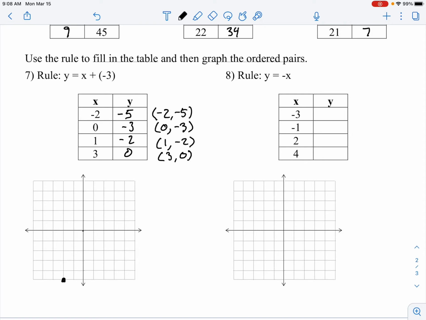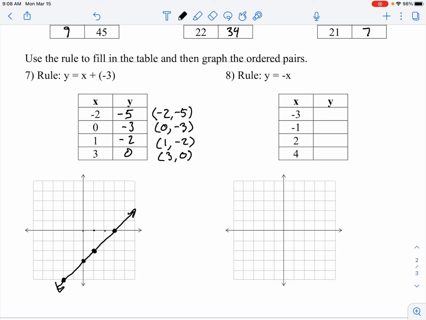So now we've got 0, negative 3, so I don't go left or right, I go down 1, 2, 3. 1, comma, minus 2, so I go over 1, and then down 2. And then finally 3, 0, go over 3, down 0, and here is the line that this rule creates.